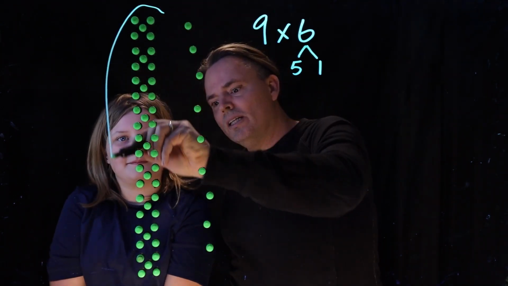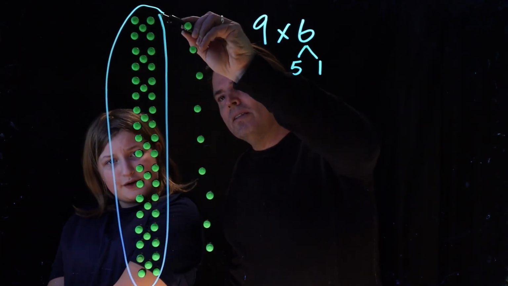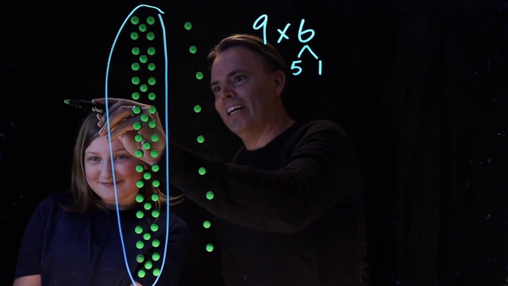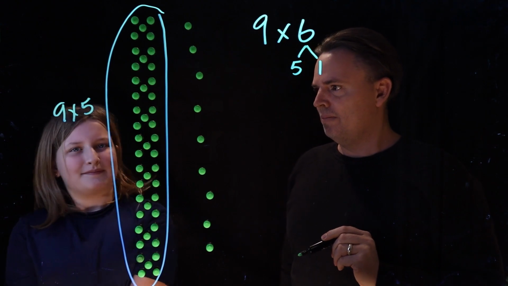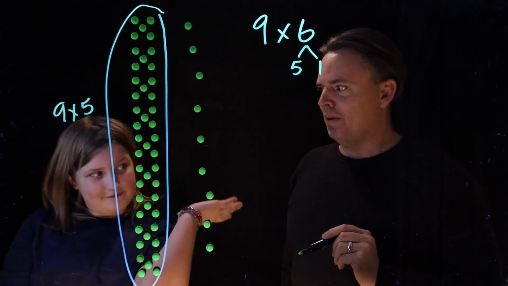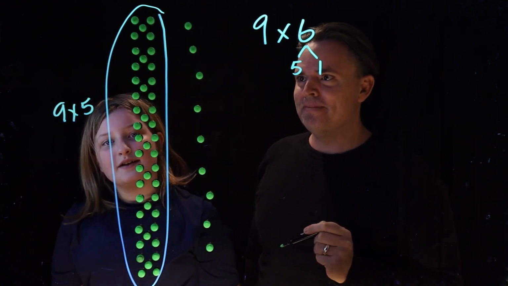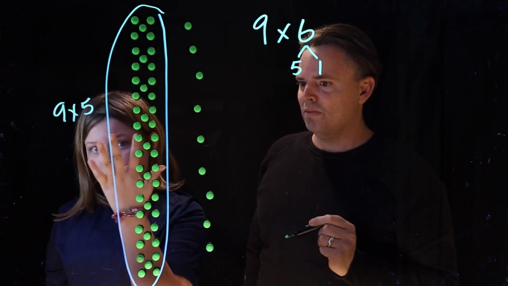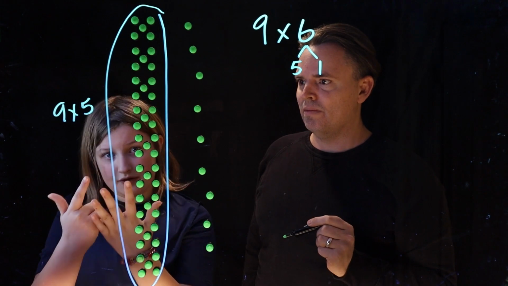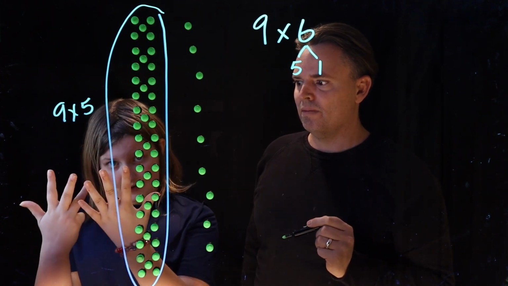And how much is this? Well, why don't we count? So this is 9 times 5, or 5 times 9. 5, 10, 15, 20, 25, 30, 35, 40, 45.